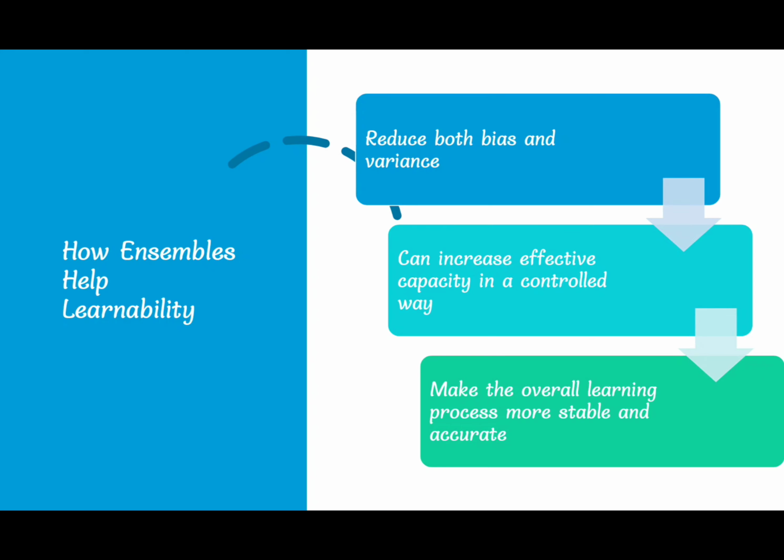Second, it reduces variance, meaning the model becomes more stable and less likely to change completely when given different data. When used carefully, ensemble methods can also increase the effective capacity or VC dimension of the model, but in a smart and controlled way. This helps the model learn better without overfitting.